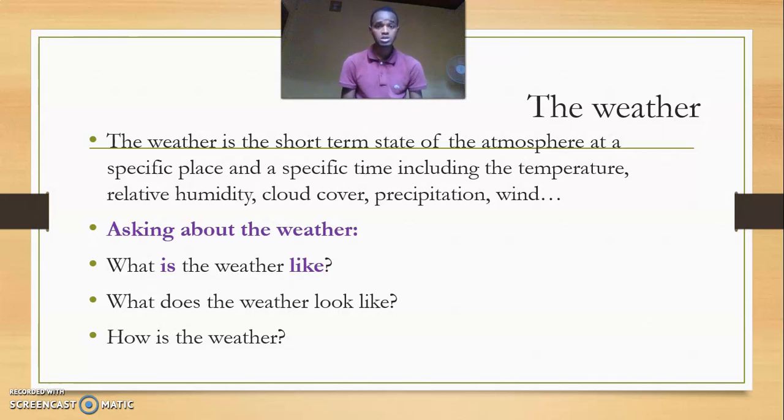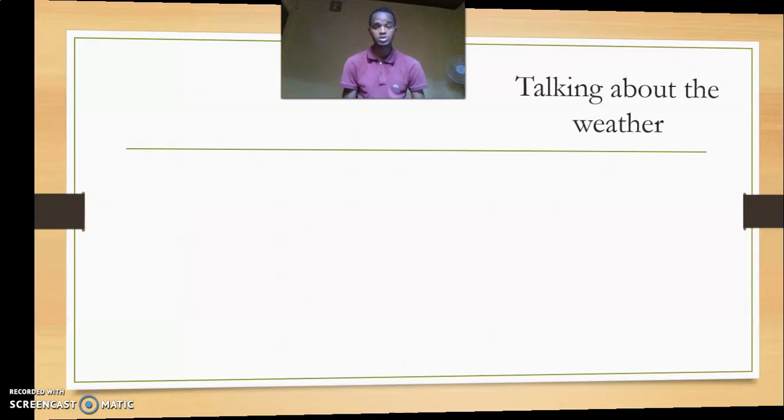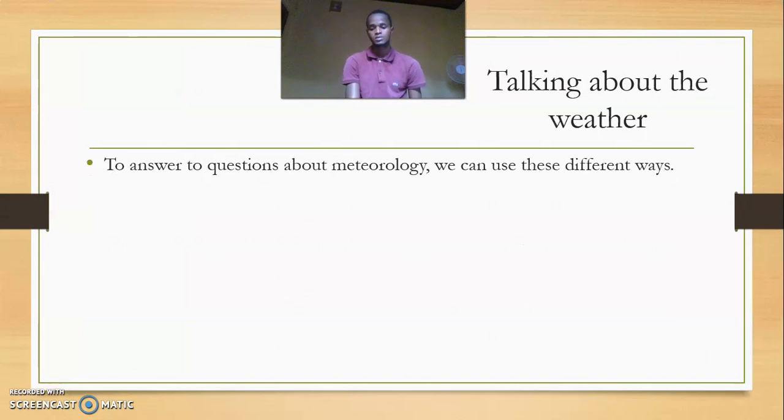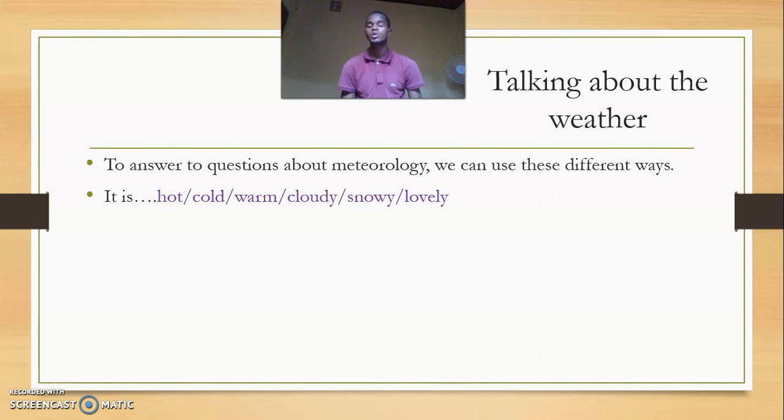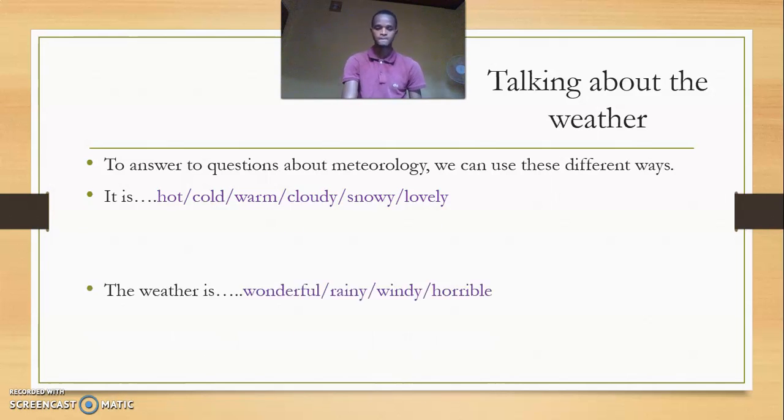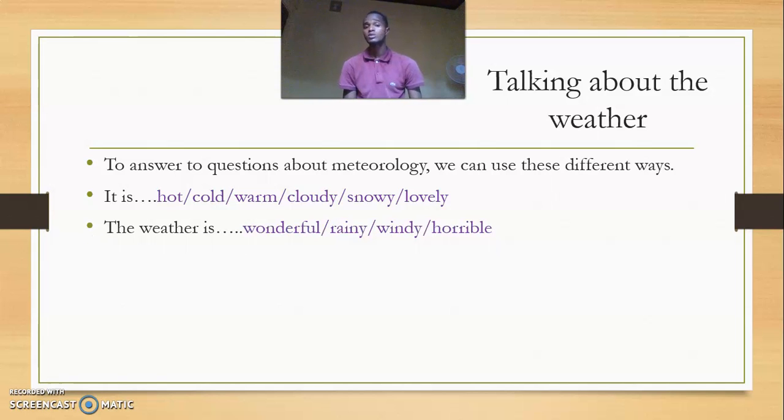Now let's see different ways to respond to these three questions. So for you to respond, you can use one of these two ways. It is hot. It is cold, warm, cloudy, snowy, or lovely. The weather is wonderful, or rainy, or windy, or horrible.